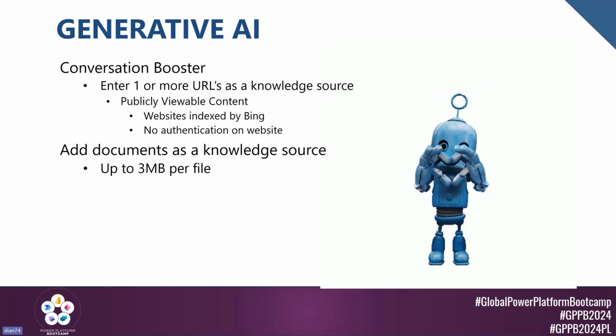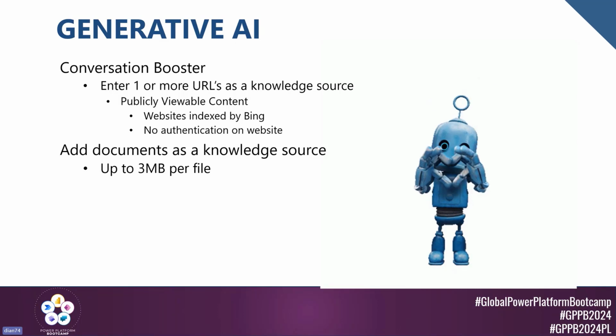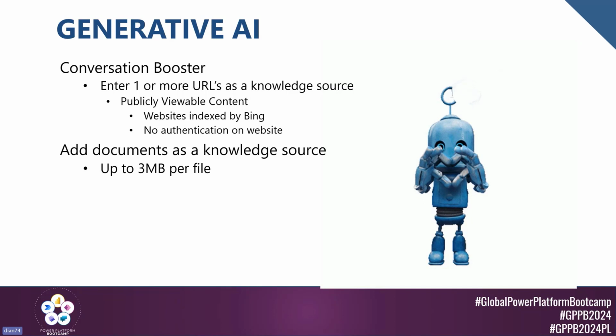The first thing I wanted to talk about was the conversation booster, which allows us to connect Copilot to different data sources such as public websites, SharePoint sites, and even Azure OpenAI. This just went GA, I think this past week, so it's very exciting.